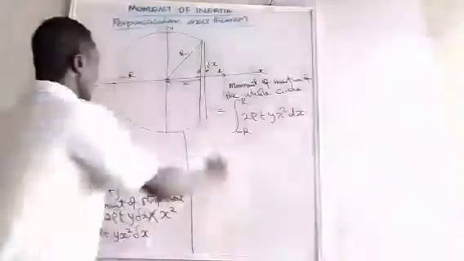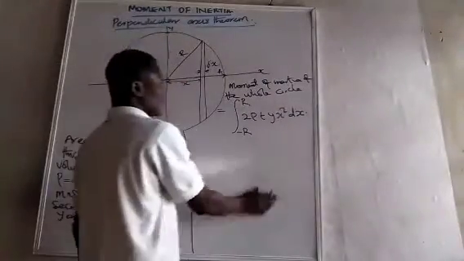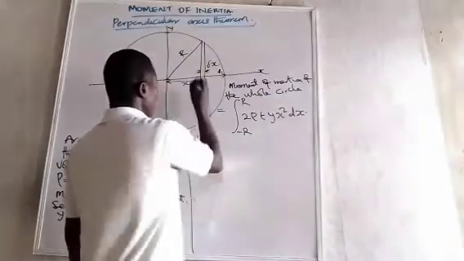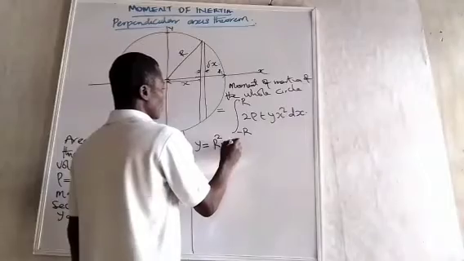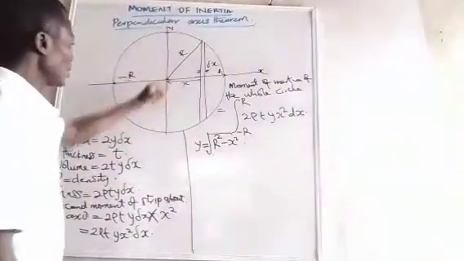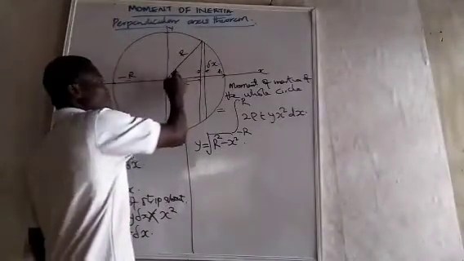Now, if you look at this, it is better because I can say that y is equal to the square root of r squared minus x squared. You understand?